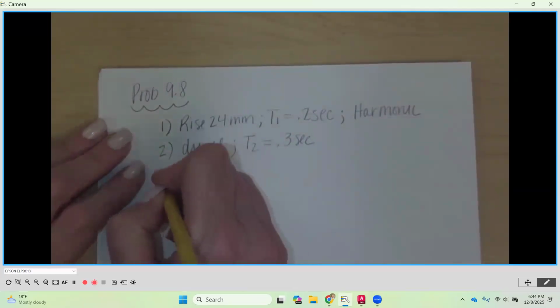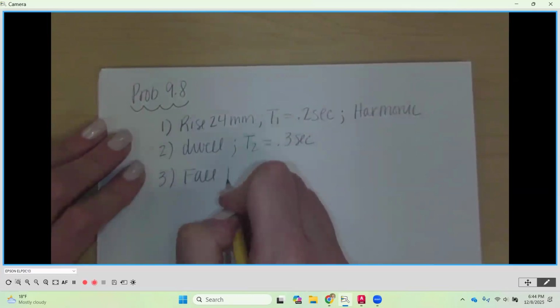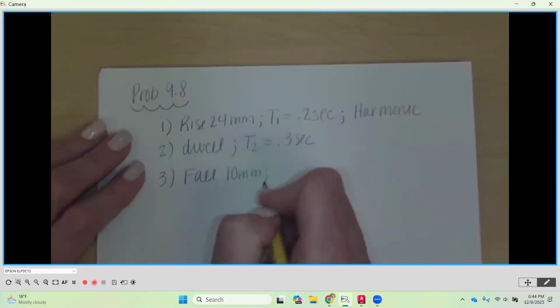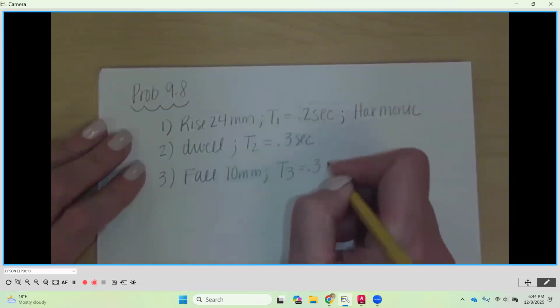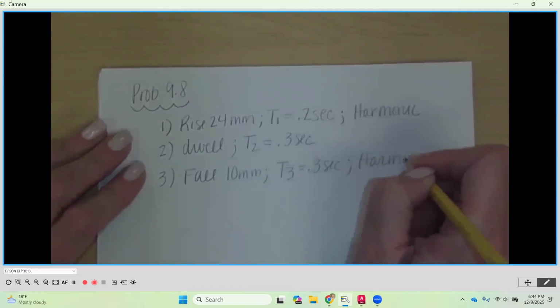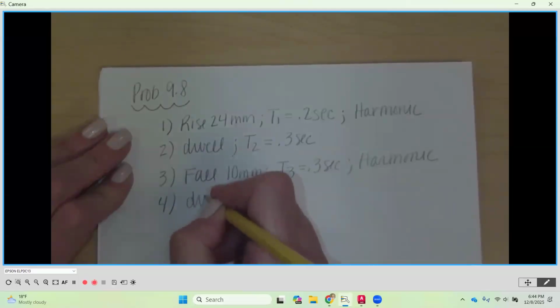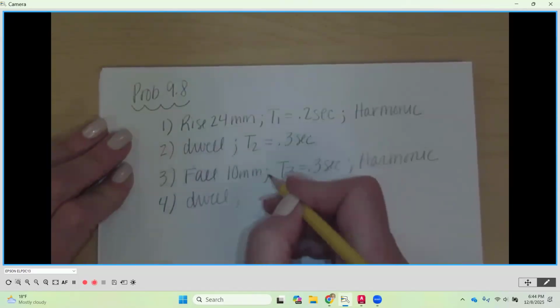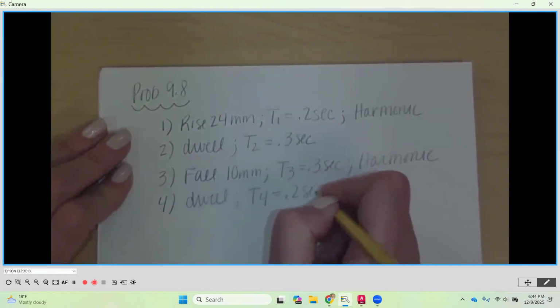Dwells are easy. Then step number 3, we're going to fall 10 millimeters. And this time, T3, is going to be equal to 0.3 seconds. And we're going to use harmonic motion for that one. Then step number 4, we're going to dwell again. And that time, T4, is going to be 0.2 seconds.